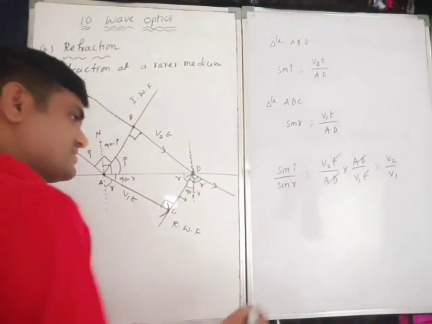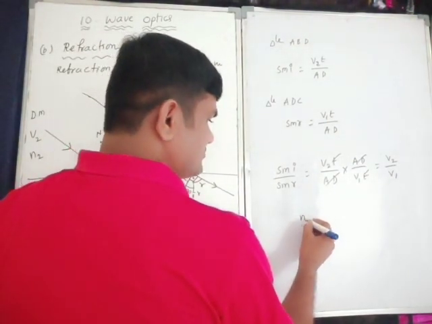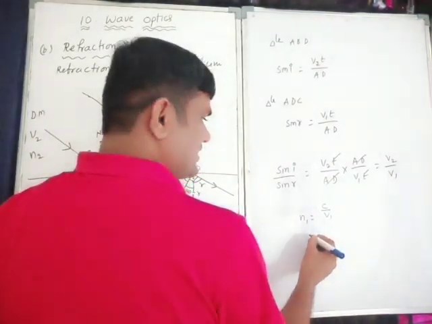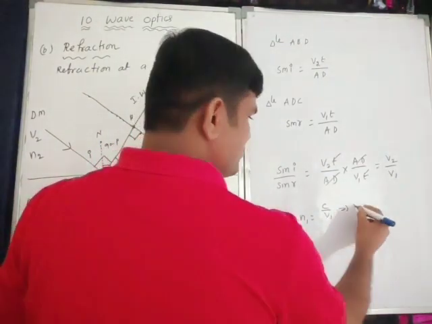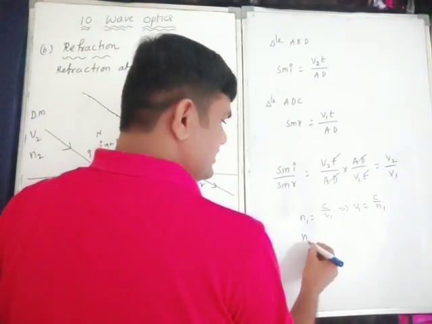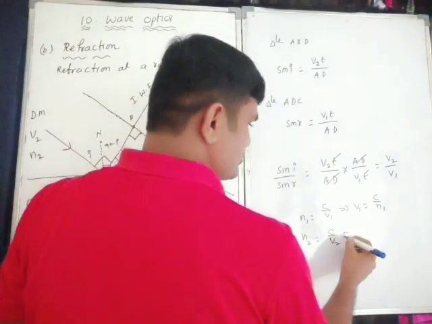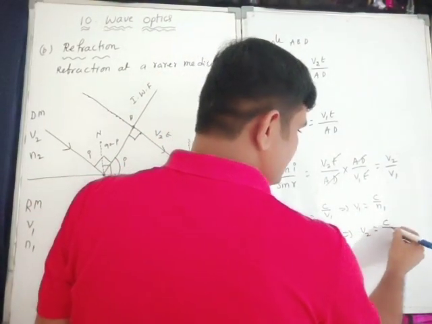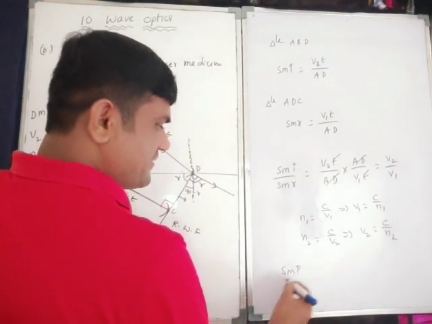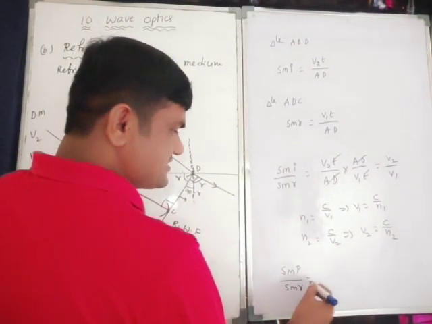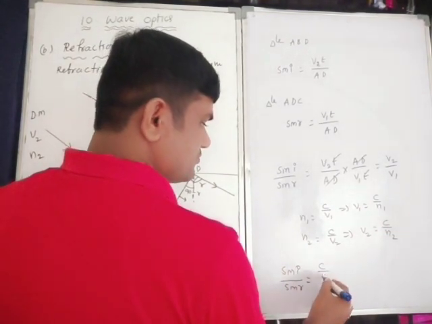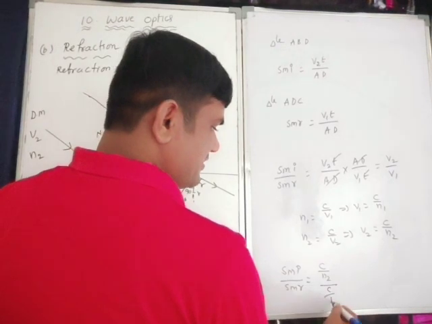So according to Snell's law, N1 is equal to C by V1, so V1 is equal to C by N1. N2 is equal to C by V2, so V2 is equal to C by N2. Now substitute there. We will get sin I divided by sin R is equal to V2, which is C by N2, divided by C by N1.